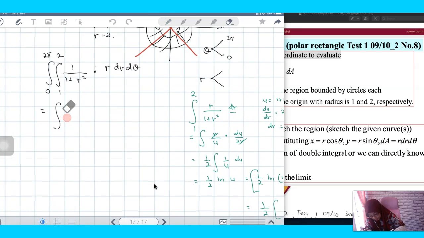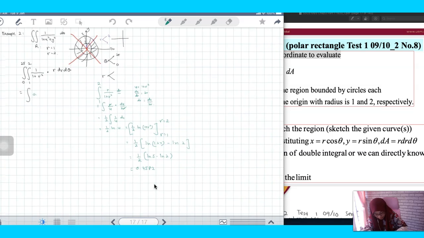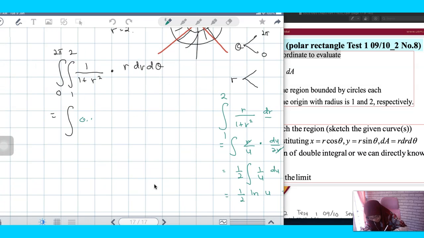So now your answer becomes 0.4582 d theta, 0 to 2 pi. So now you have the integral from 0 to 2 pi of 0.4582, which is a constant, d theta.